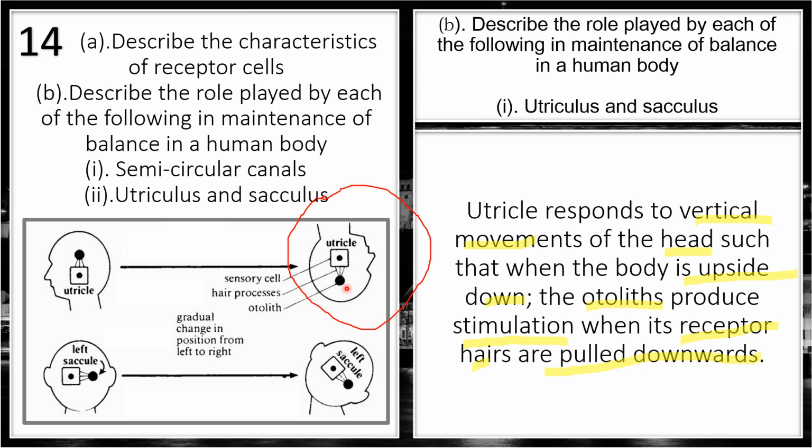That is going to cause a stimulation which is different from the one it produced when the head was upright. And that stimulation will be interpreted by the brain in a different way.